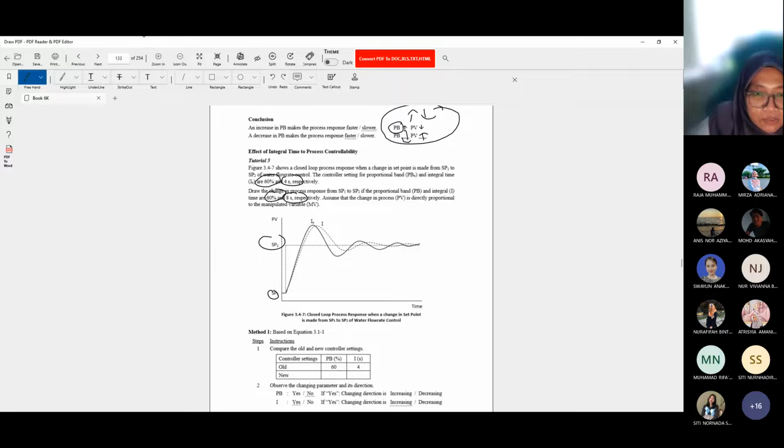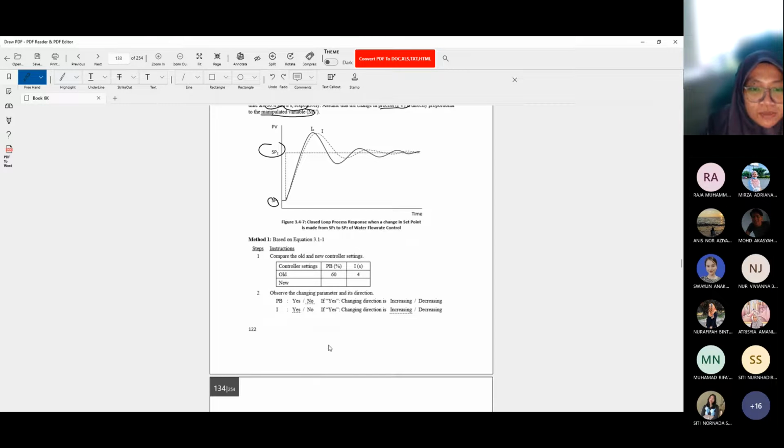So we can assume that for this process, the process response, PV, the process variable, is directly proportional to the manipulated variable. Okay, so we try to do method 1 first, based on the equation. First thing first, we need to compare the old and new controller settings. So the old is 60 and 4, and the new one is 60 and 8.